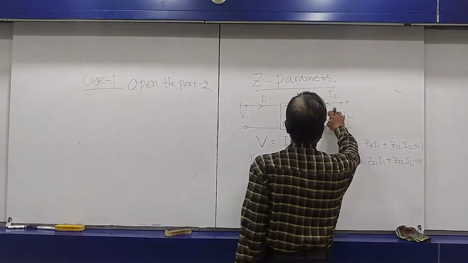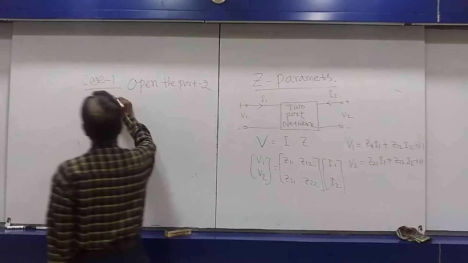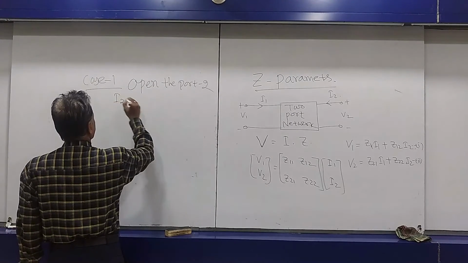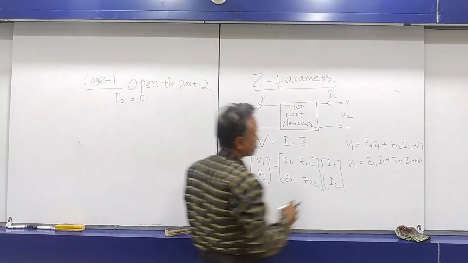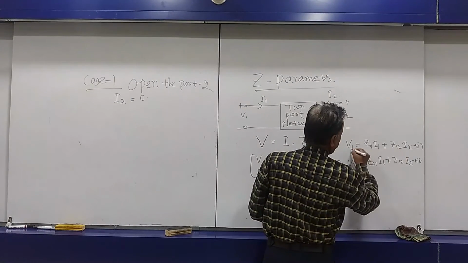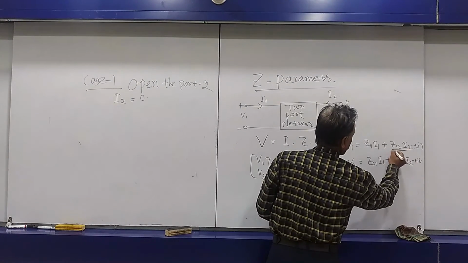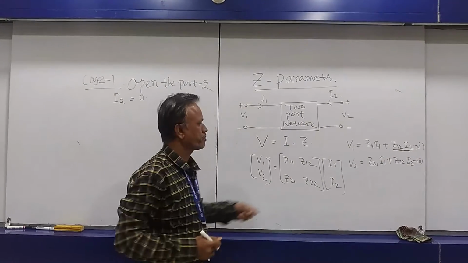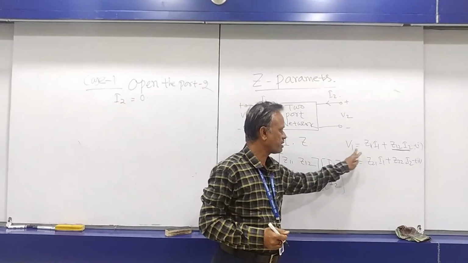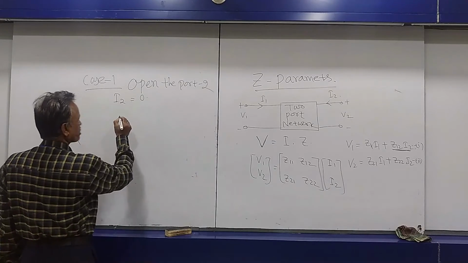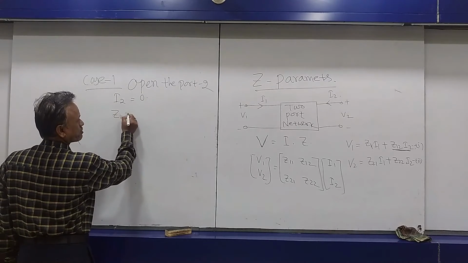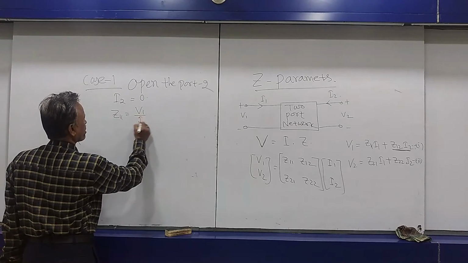That is why I2 will be 0. So while opening, I2 will be 0, and when I2 is 0, in the first expression this term will be 0. So the term left is V1 is equal to Z11 I1. From this we can obtain Z11 is equal to V1 by I1.